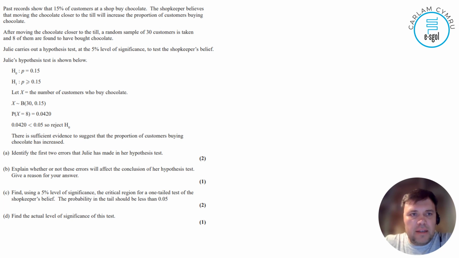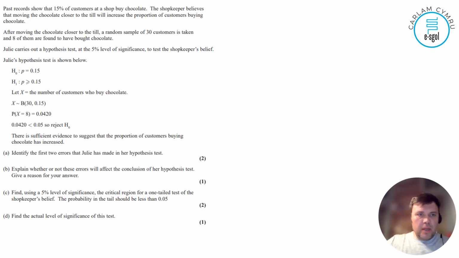Shopkeeper believes that moving the chocolate closer to the till will increase the proportion of customers buying chocolate. After moving the chocolate closer to the till, a random sample of 30 customers is taken, and 8 of them are found to have bought chocolate. Julie carries out a hypothesis test at the 5% level of significance to test the shopkeeper's belief.